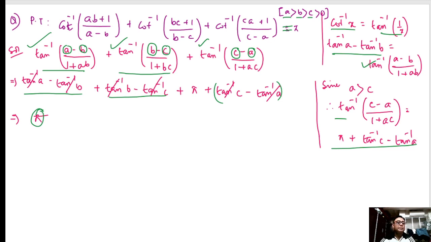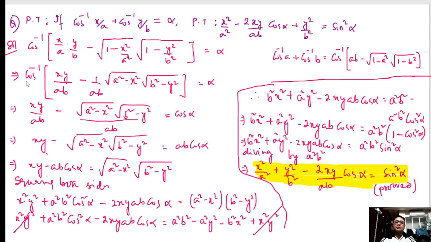Next, so let's see the next sum. What is there? If cos inverse x by a plus cos inverse y by b equal to alpha, prove this. Okay. We already know this formula for cos inverse a plus cos inverse b, so we have applied it here.